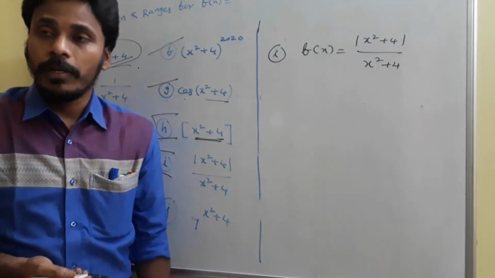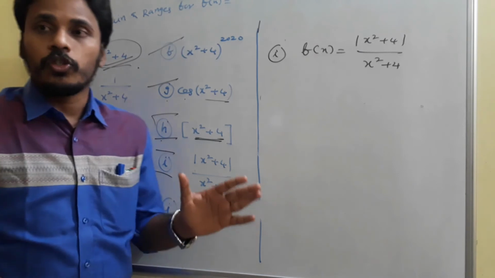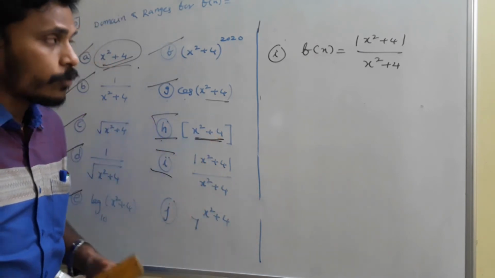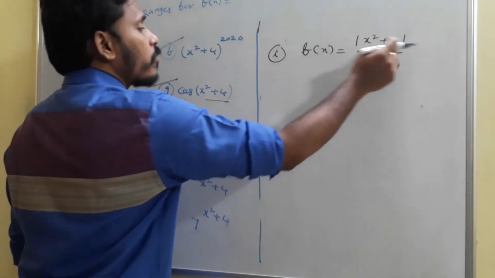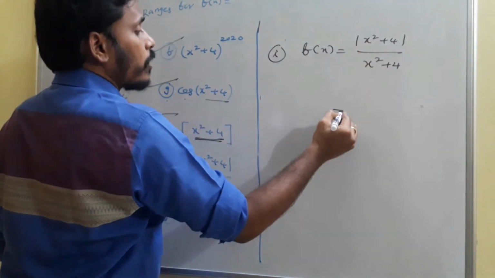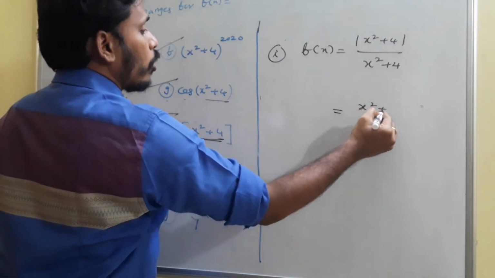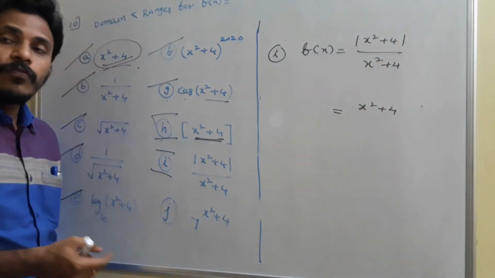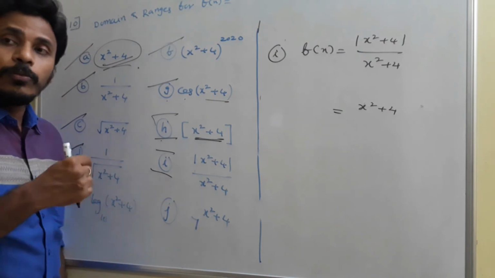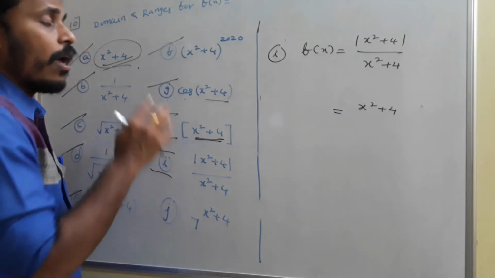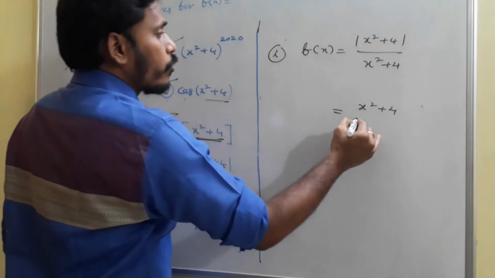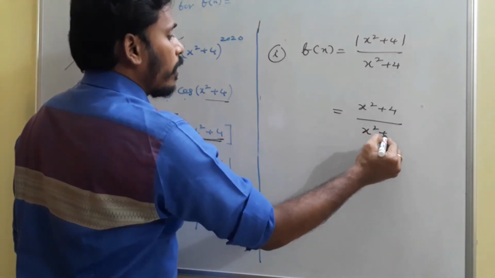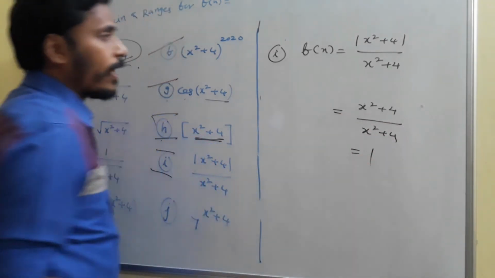As I mentioned repeatedly, x square is positive, 4 is positive, so x square plus 4 is positive. So in this modulus the given expression is positive, so remove that modulus, take plus sign. If that expression is negative, if you remove the modulus you need to use minus sign, but here just use plus sign. So x square plus 4 divided by x square plus 4, and on cancellation you get 1.